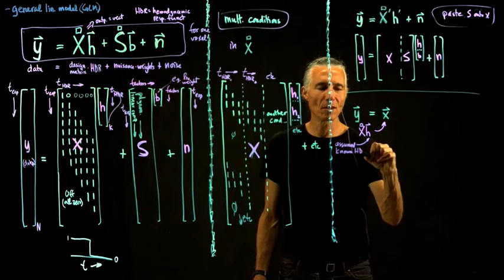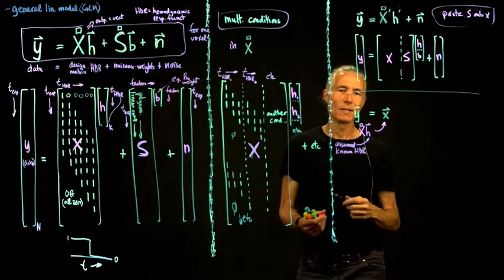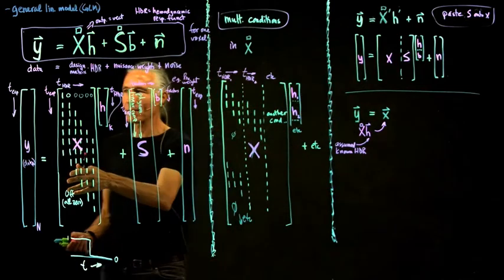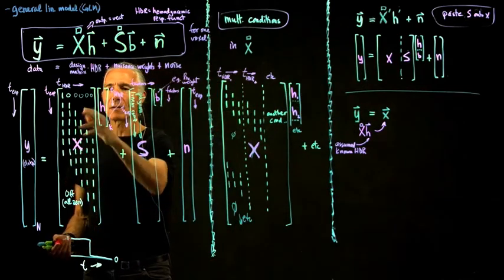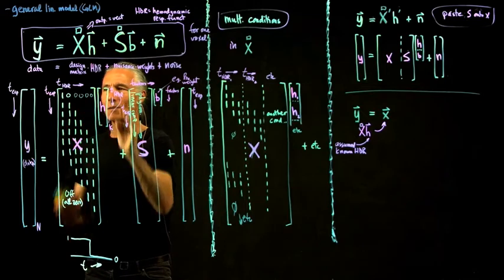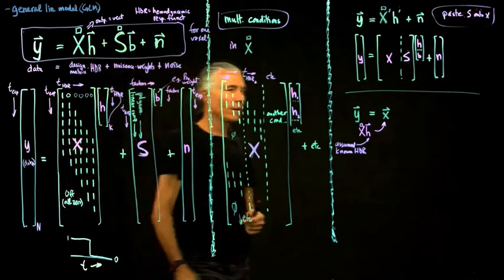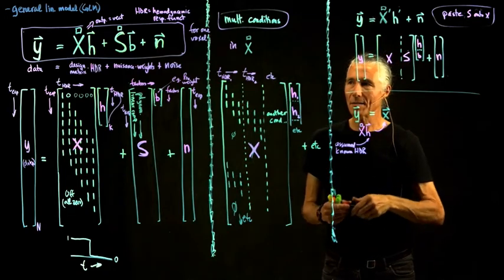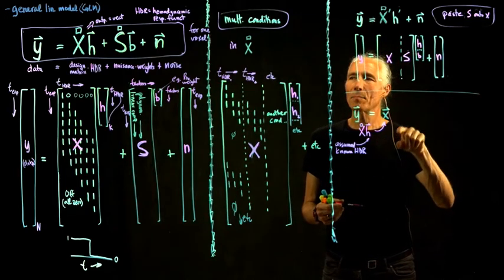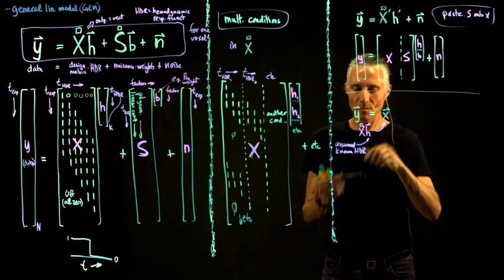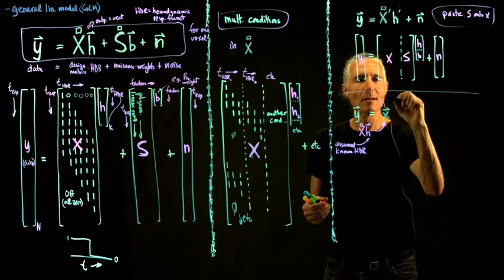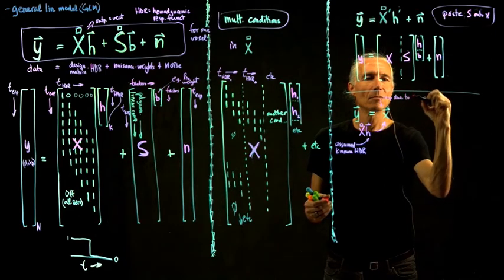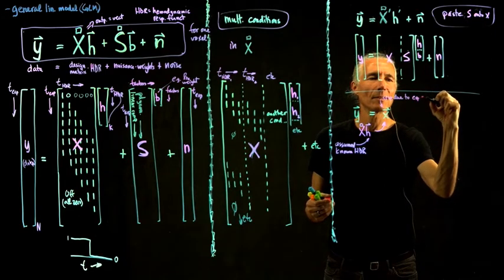So if we know what the hemodynamic response function is, we can just stick it in there, and we know what our experimental design matrix is, and we just multiply this matrix times a vector, which just rotates the vector, and then we get a vector, which is essentially our predicted response. So what is this? This is the response due to experimental design.